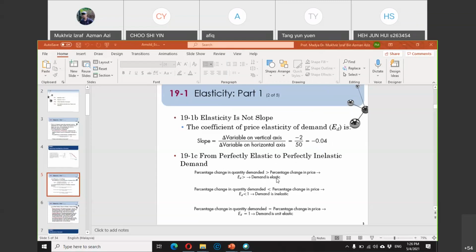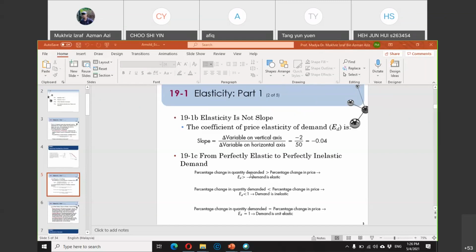If the value is less than 1, let's say negative 0.1 or anything between 0 and 1, like negative 0.3 or negative 0.9, as long as it is less than 1, then we call demand inelastic. But if the value is exactly equal to 1, we call it unit elastic.